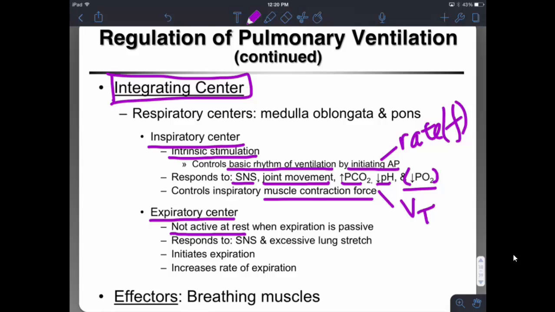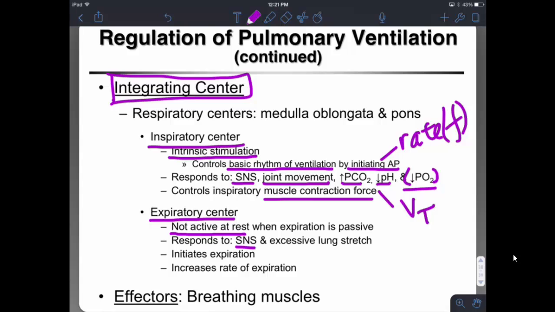However, during exercise, there is a need to activate the expiratory muscles, and they are going to respond as a result of SNS. The more action potentials that arrive at the respiratory center, the more likely the expiratory center is going to become active instead of passive.